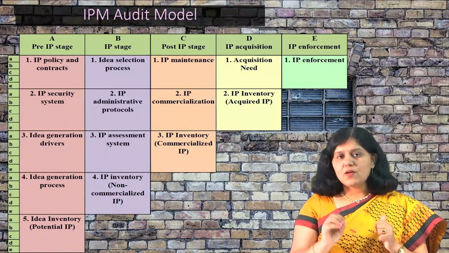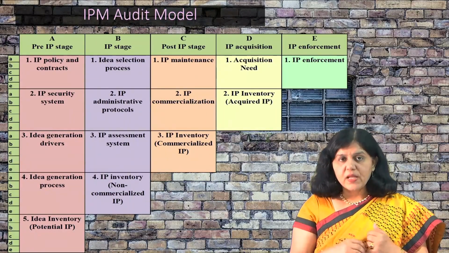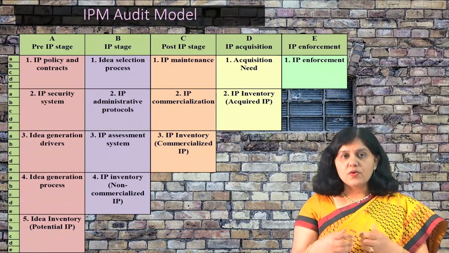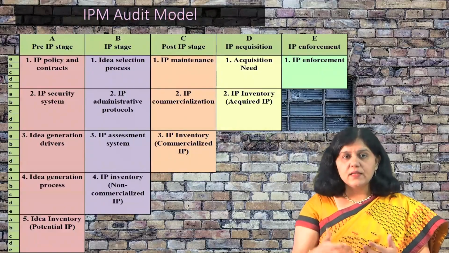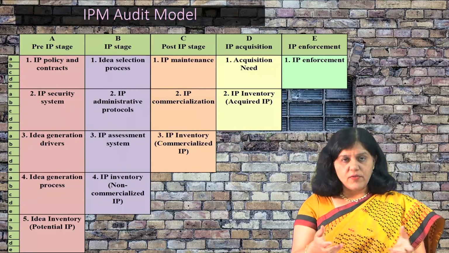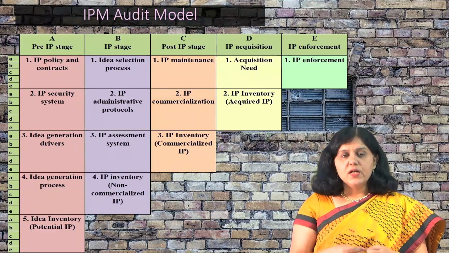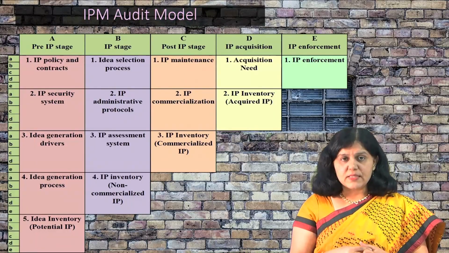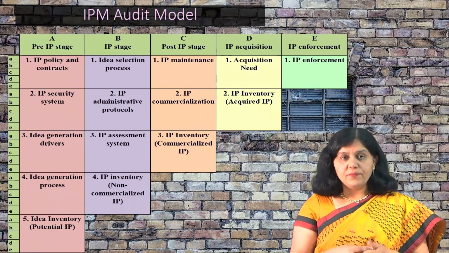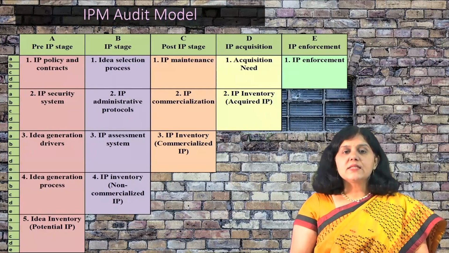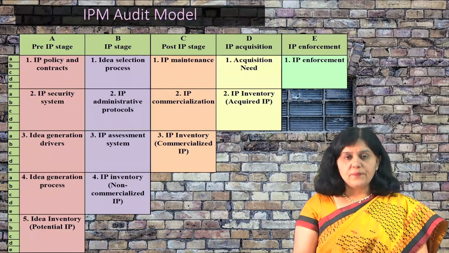The second is the IP generation process, or the security system: whatever confidential data is there, what security system is followed by the organization. Then the next is idea generation drivers.